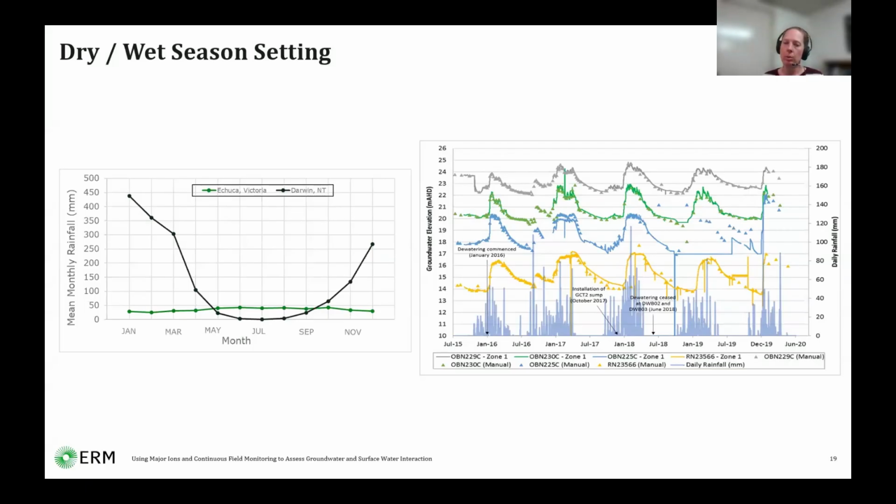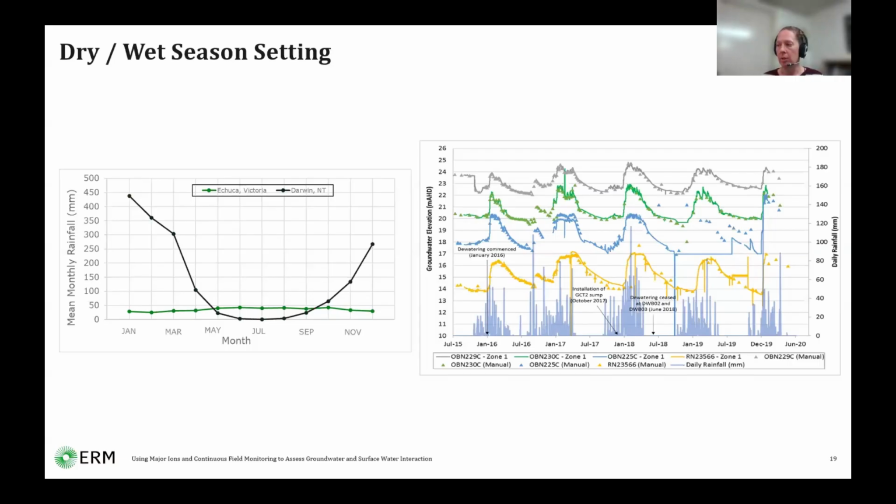The previous example was pretty extreme for Victoria and occurs on a decade basis. But these sort of fluctuations are essentially an annual occurrence in the tropics where there's much more dynamic conditions. So the key to note here is the strong seasonal variation, which I'll explore a lot more on the future slides. But generally what you can see in the graph on the right, at this site, and these are all water table bores, is the rainfall is shown in the blue bars.